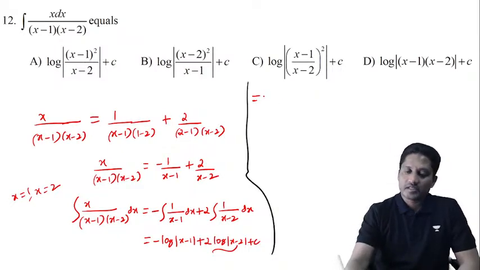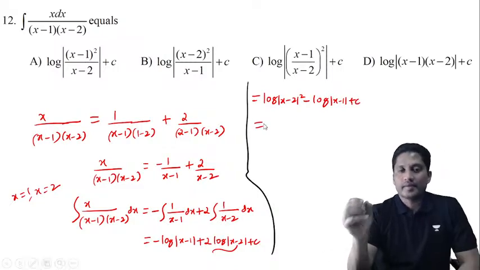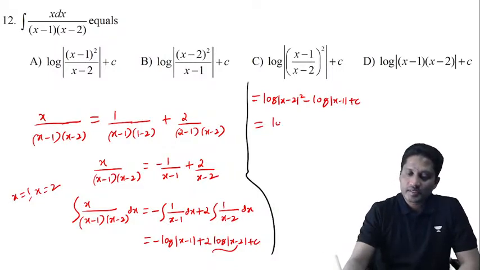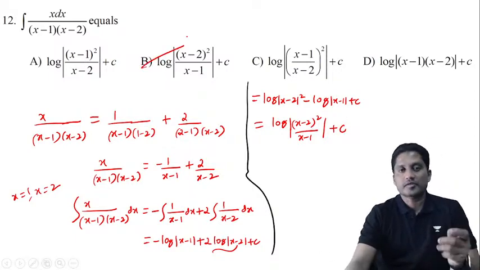So this can be written as log of x minus 2 the whole square minus log of x minus 1, and plus c. Log m minus log n is log m by n. So this should be written as log of x minus 2 the whole square divided by x minus 1, and plus c. First option, log of x minus 2 the whole square by x minus 1. Answer is option B, guys.